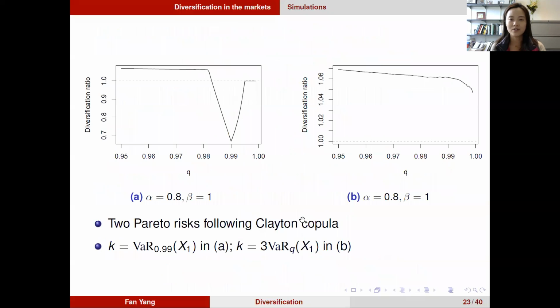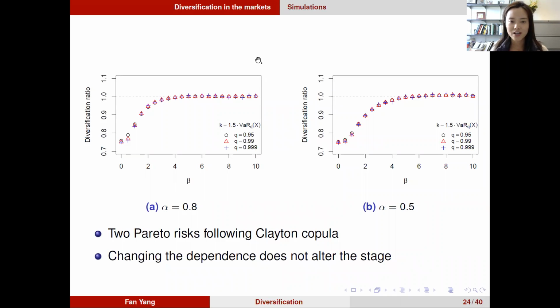Okay, and then finally a few plots show you that this really verifies our result. By increasing the number of portfolios, the number of insured, that will certainly change the diversification, but changing the dependence or the heavy-tailedness won't alter the diversification stage.